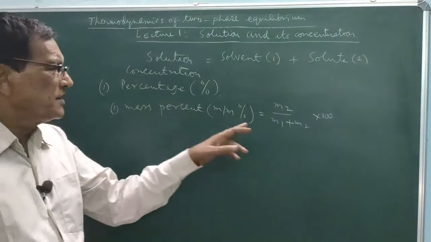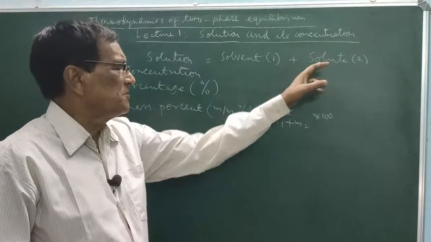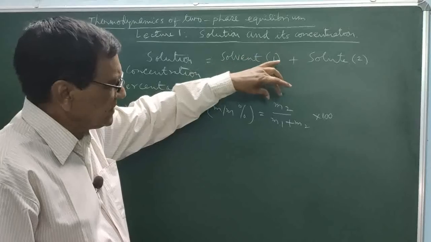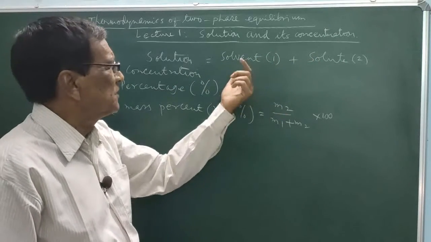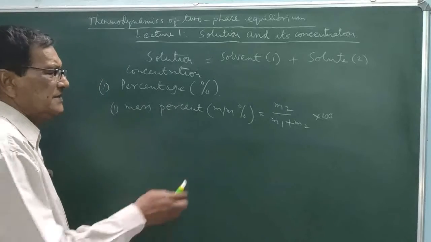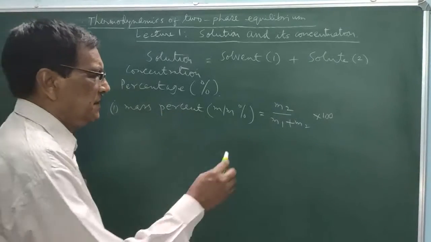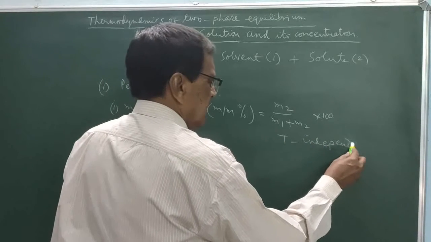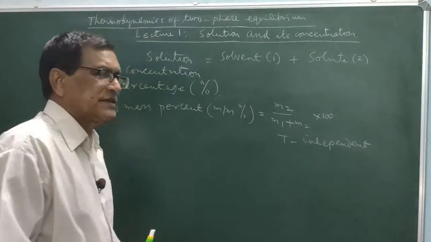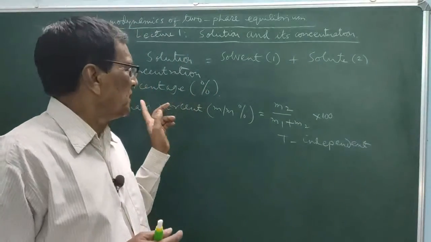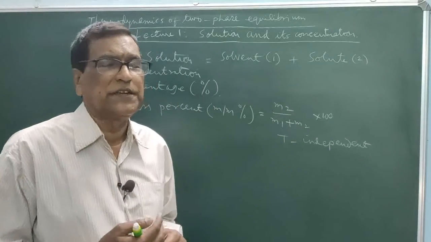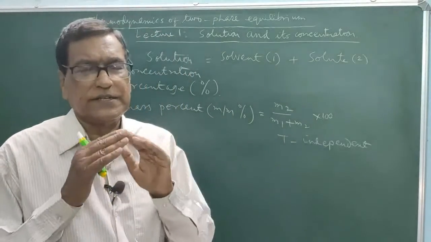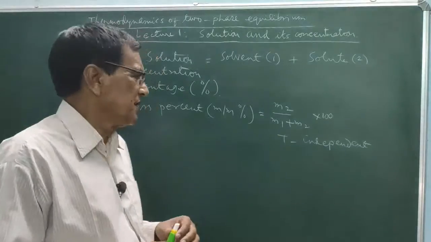It means that m1 is the mass of the solvent, m2 is the mass of the solute, and this m2 is the part of the solute in 100 parts of the solution. And this mass percent is temperature independent, and it is usually used when both the solvent and solute are solid, as for an alloy, say zinc in copper, where zinc is dissolved in copper forming a solid solution.